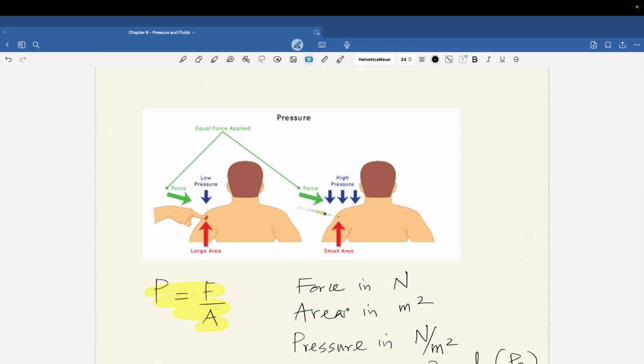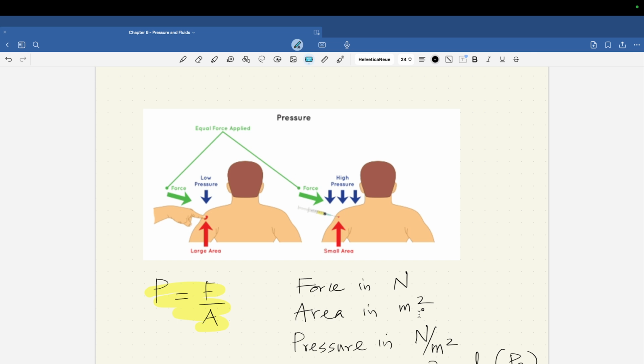So what is pressure? How is pressure defined? This is where the physical concept comes in. Pressure is the force acting over a particular area. So to get the pressure, we have to divide the force by the area. Now the force is in newtons, while the area is in meters squared.